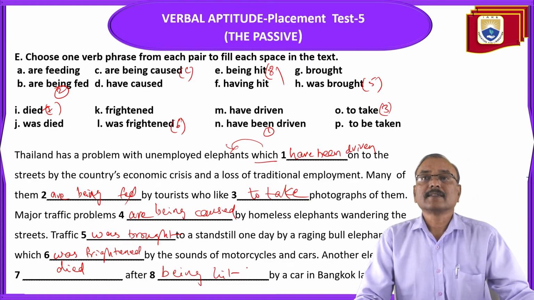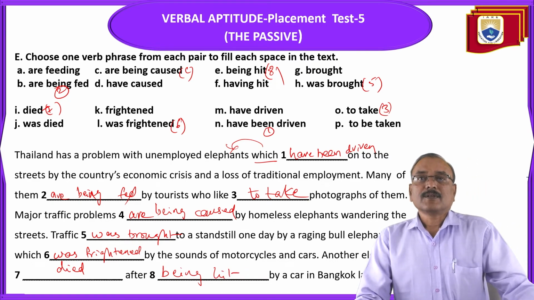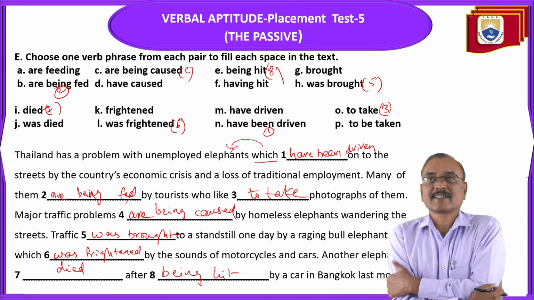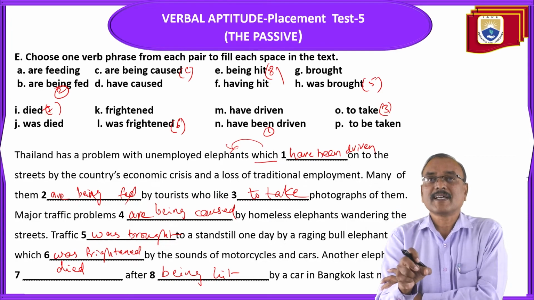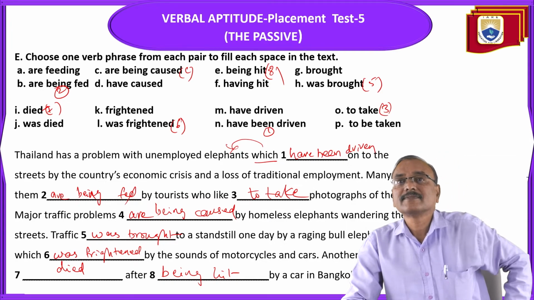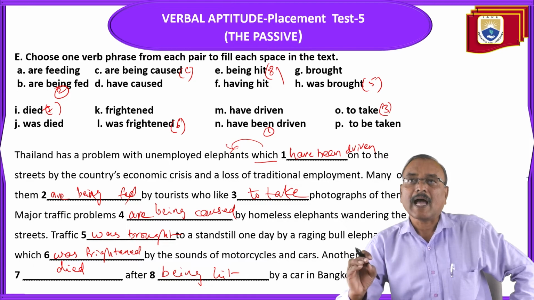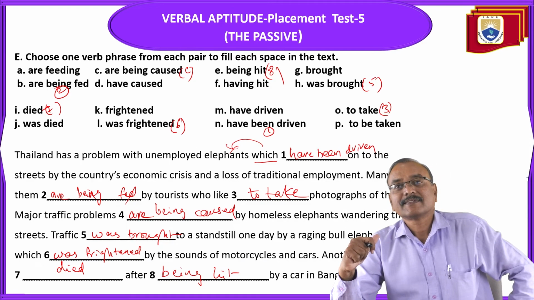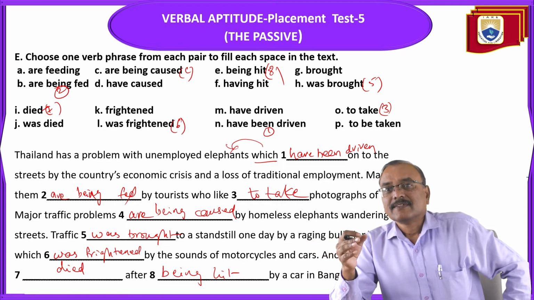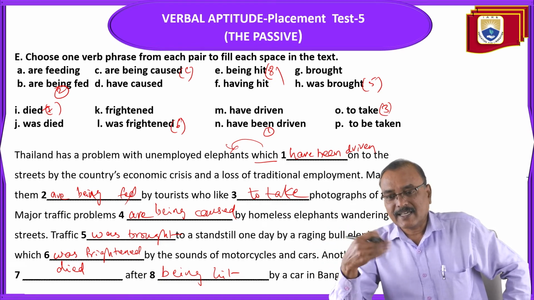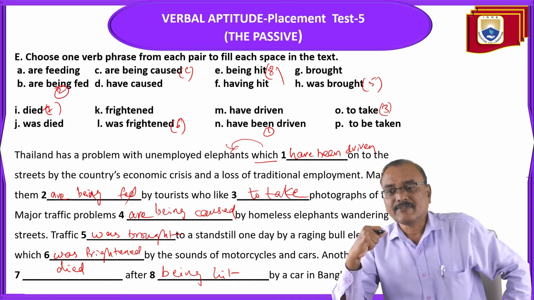So like this, we have to understand the context, right? We have to choose the right word here. Hit, you know, but having hit or being hit. Having hit, the result is here. Having hit means we hit.